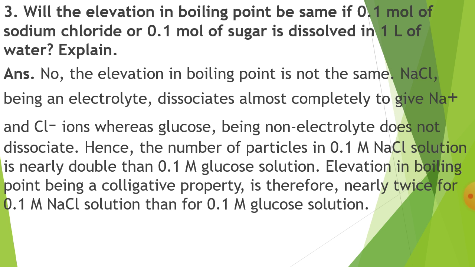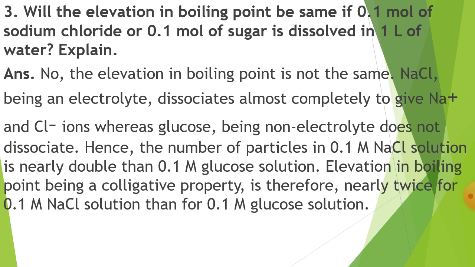Next, question number three. Will the elevation in boiling point be the same if 0.1 mole of sodium chloride or 0.1 mole of sugar is dissolved in 1 liter of water? The solvent is the same, the moles are also the same, but the solutes are different.